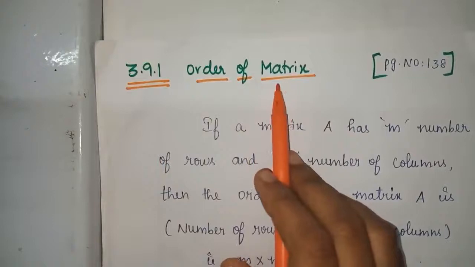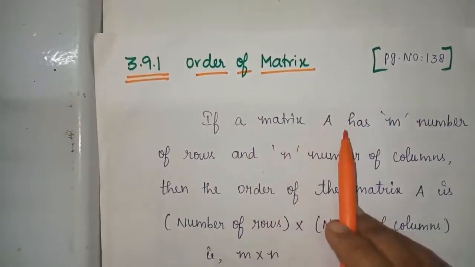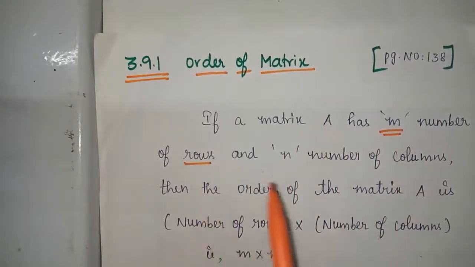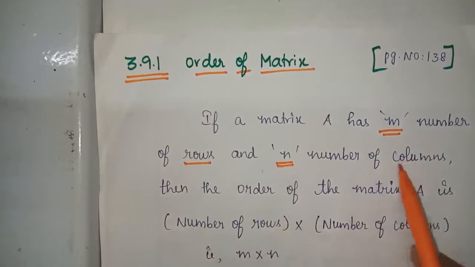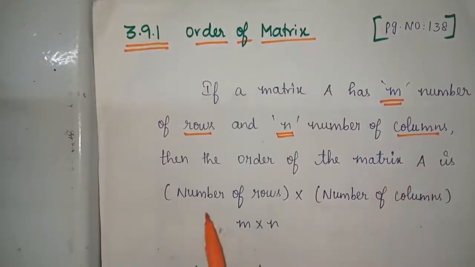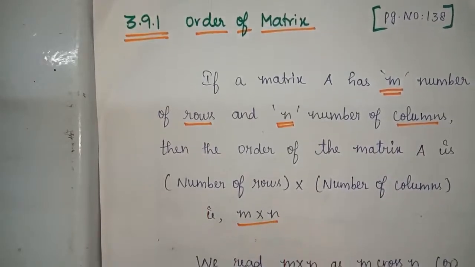3.9.1 Order of a matrix, page number 138. If a matrix A has m number of rows and n number of columns, then the order of the matrix A is number of rows into number of columns, that is m cross n.